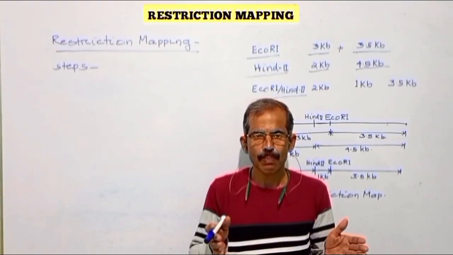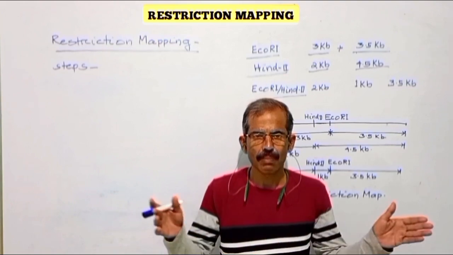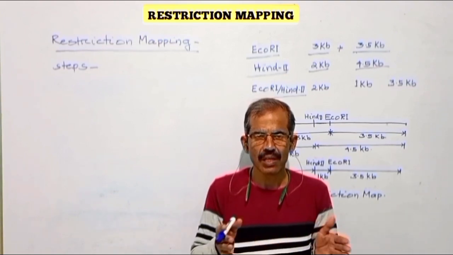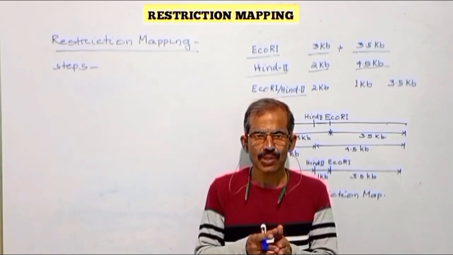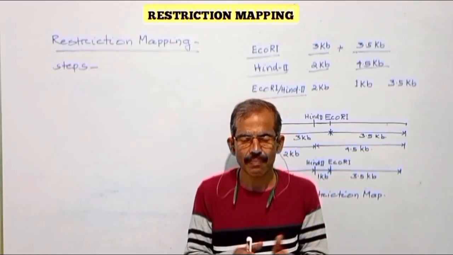This technique helps us to draw a physical map, known as a restriction map, that shows the relative order of different restriction sites and the distance between them.